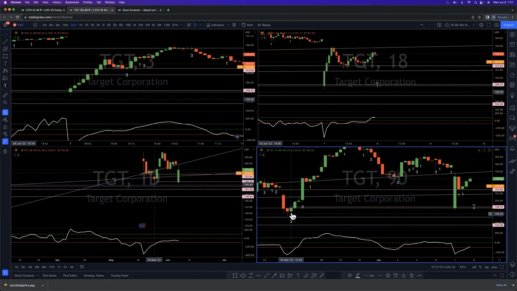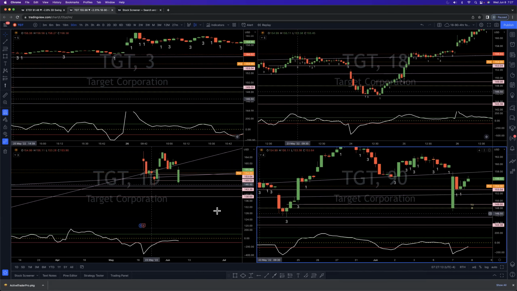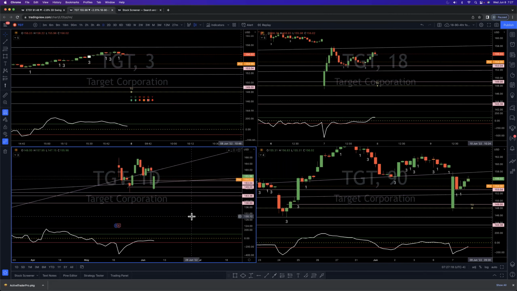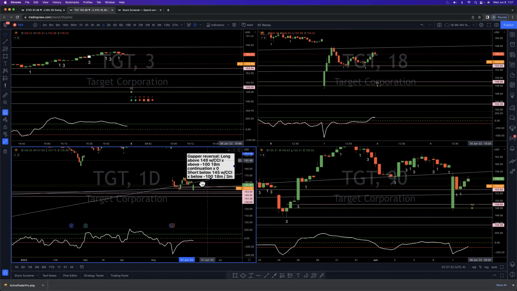This is 148.33, guys. But I had to line up here, so we can leave it. It doesn't matter. I'll put it back at 149 because I wanted it to trade above that range for me to go long.